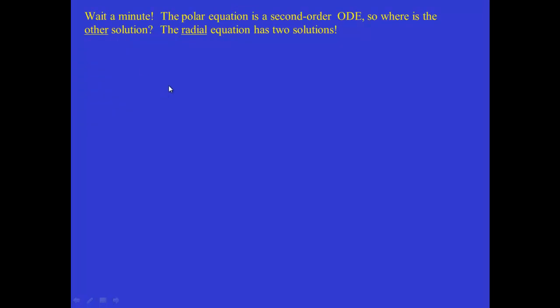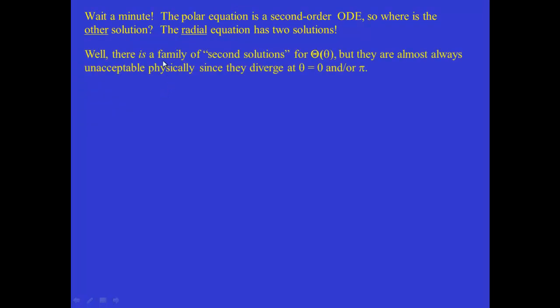The radial equation does. So what's going on? And it turns out that there is a family of second solutions for the polar equation, but they are almost always unacceptable physically because they diverge at the poles, at theta equals 0 and or theta equals pi. So we're not going to worry about them, because if we introduced them, we would always just end up dropping them out because they won't match physically meaningful boundary conditions. All right, so that's where that comes from.